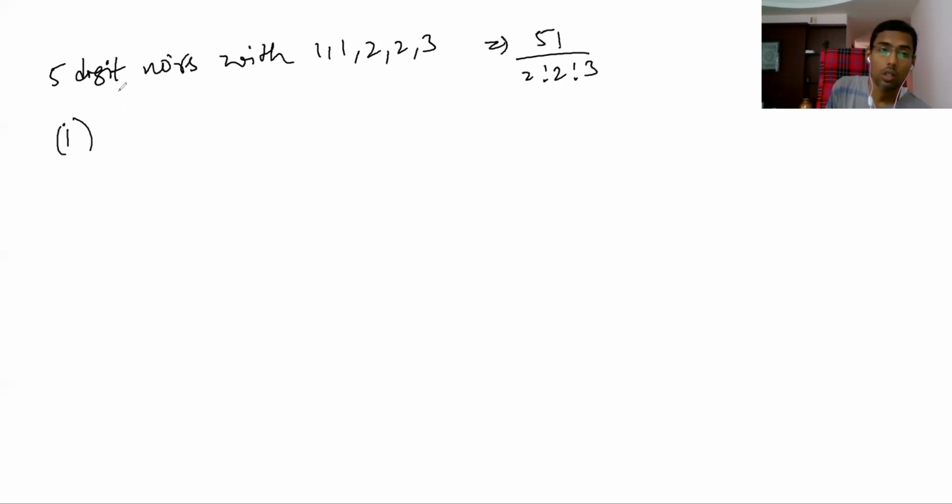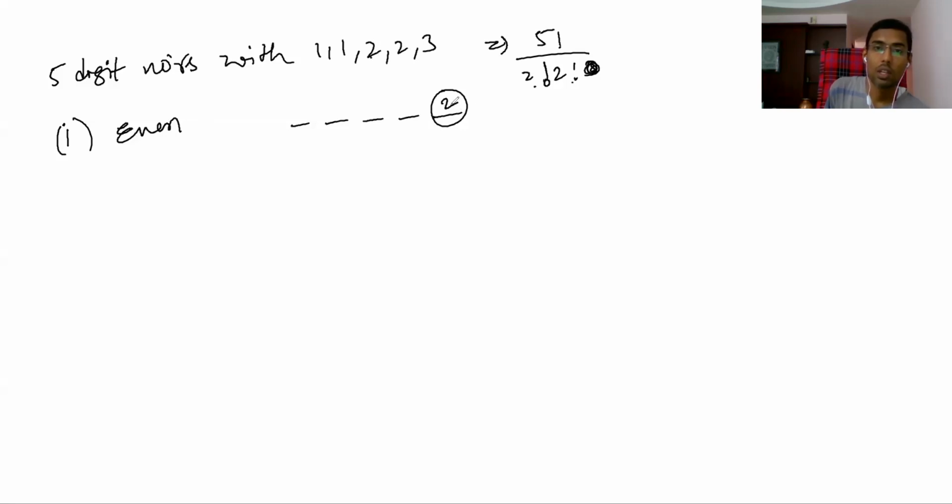The question is: how many of them are even? Even means the last digit should be 2, so you should arrange 2 there.